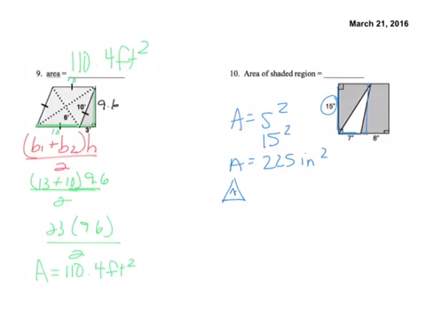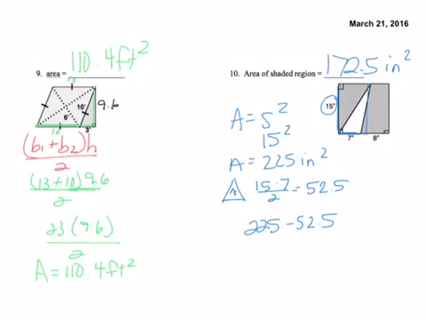Area of the triangle is 15 times 7 divided by 2. And when I figure that out, I should get 52 and 5/10. So now I have to subtract the total area, 225 minus 52 and 5/10. When I do that, I get 172 and 5/10 inches squared.